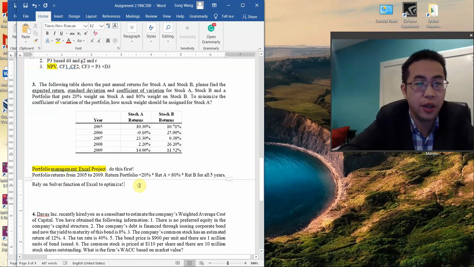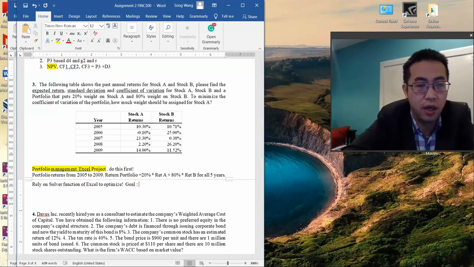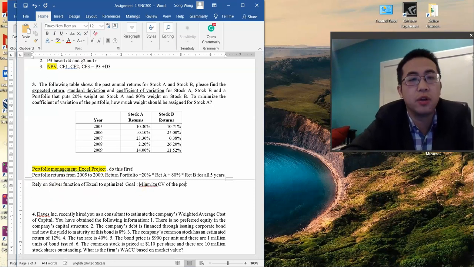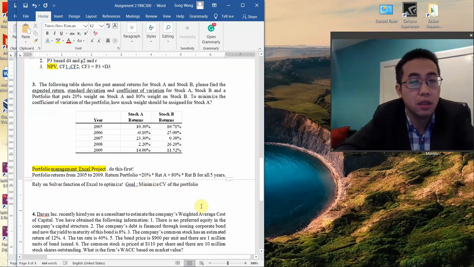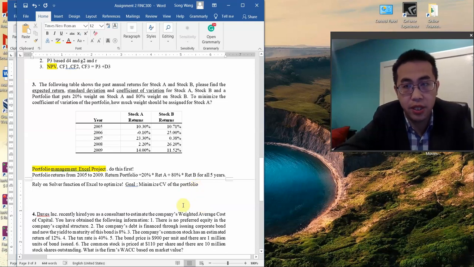Your goal here is to minimize the coefficient of variation of the portfolio. The minimum CV indicates you have the best return combination: you get a certain return and the risk is minimized.